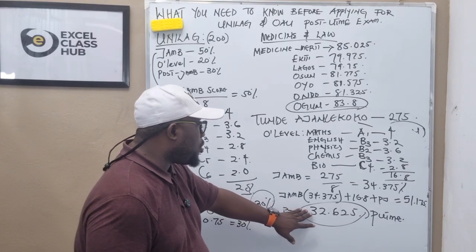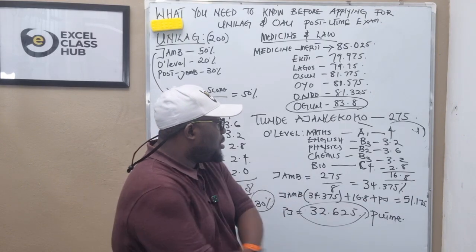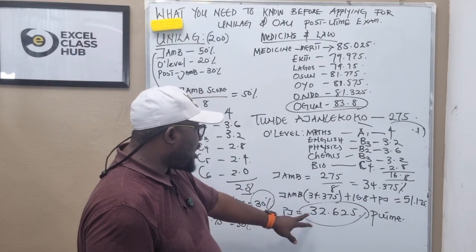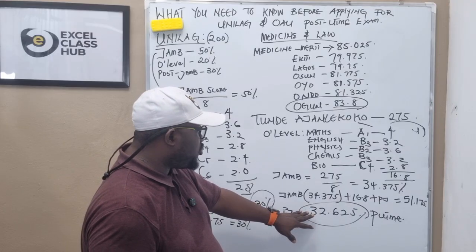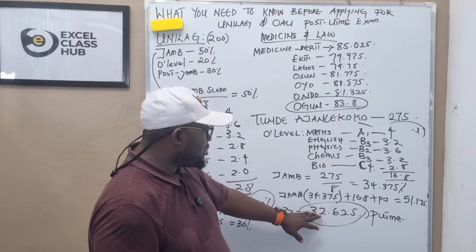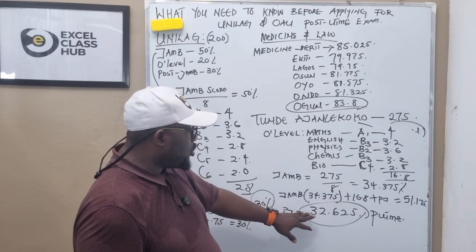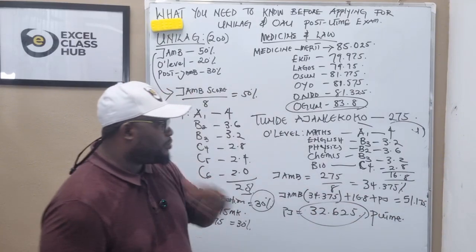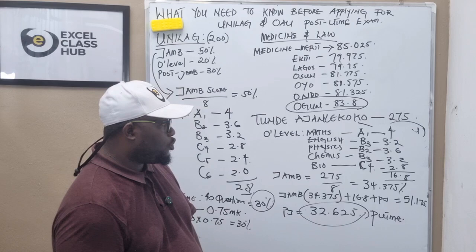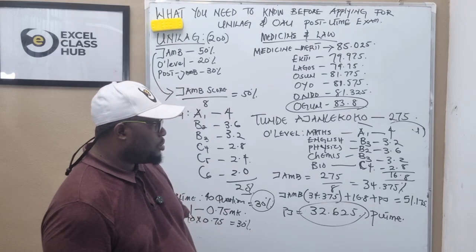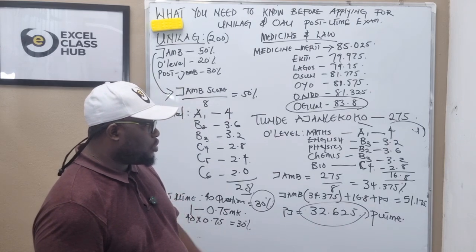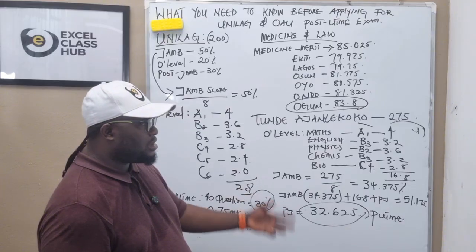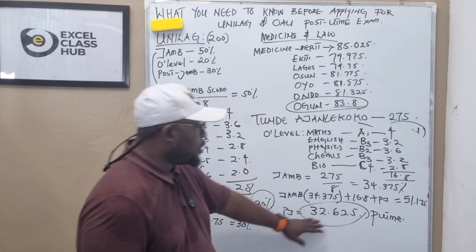Look for a course that will require him to add extra, like maybe 25% or 26% to his previous score for post-JAMB, to give him maybe 70, 72, 76 or 77 points in total.